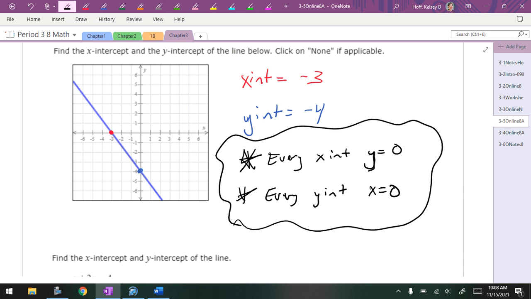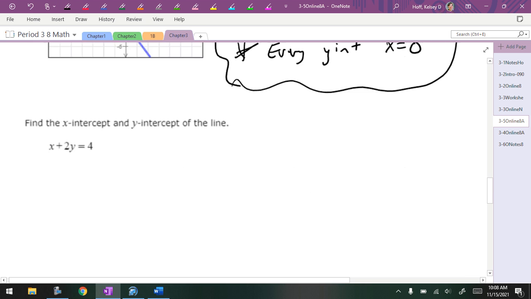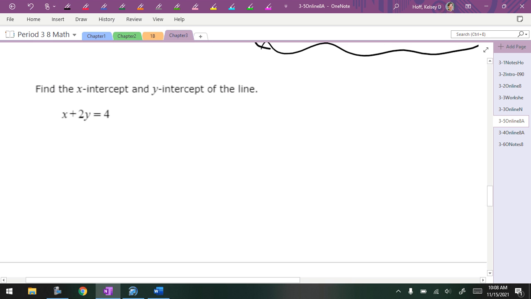Okay, so they're going to give us a simple question like next. Find the x-intercept and the y-intercept of the line. This is pencil-worthy, but not difficult. Meaning you're going to have to show work, and if you show the steps, it's not going to hurt your brain. All right, we just said every x-intercept, y is 0.